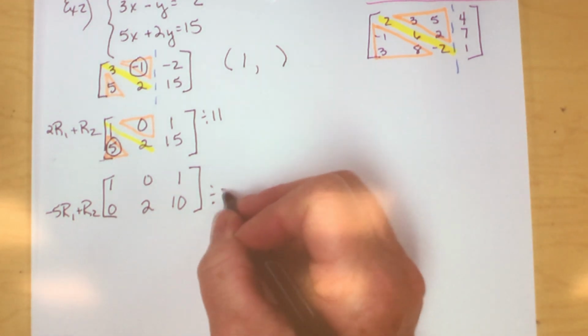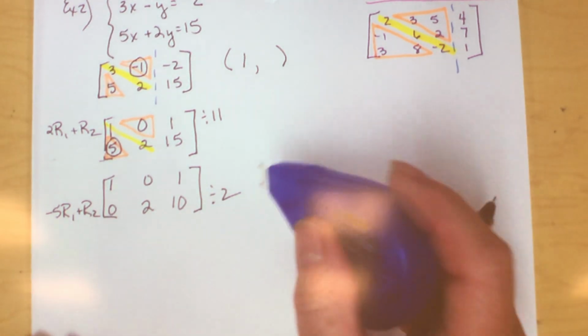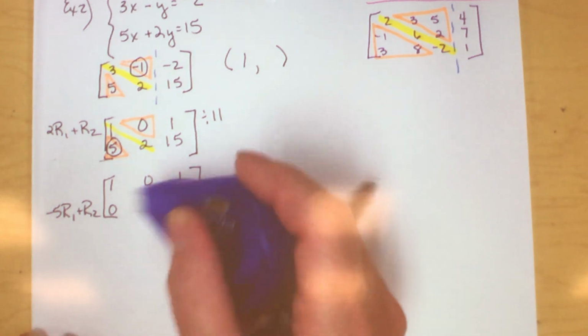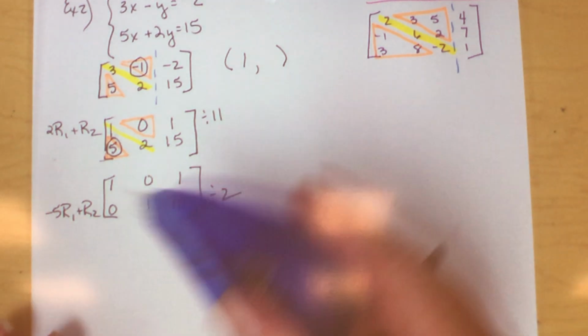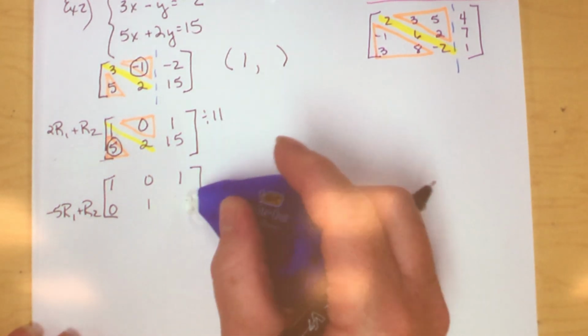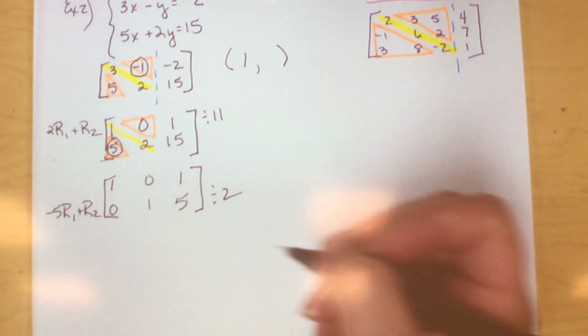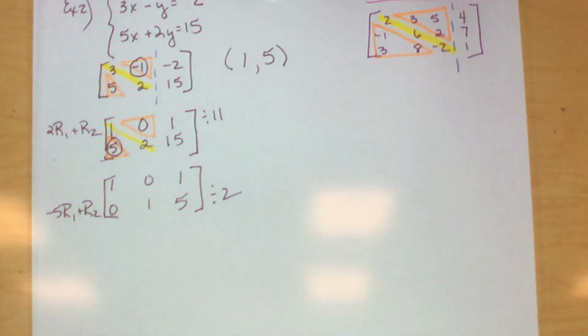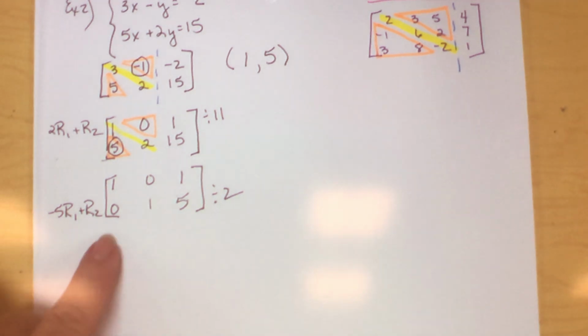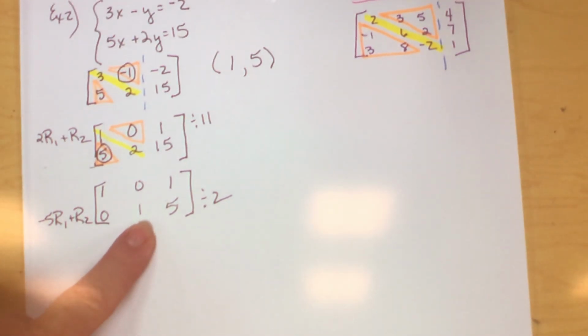Divide by 2. 2 divided by 2 is 1, and 10 divided by 2 is 5. Yeah, I'm dividing to make my ones, but I don't make my ones until I have my 0.